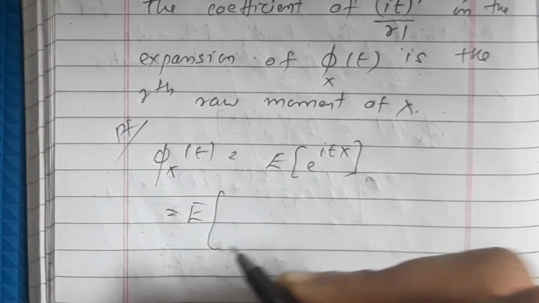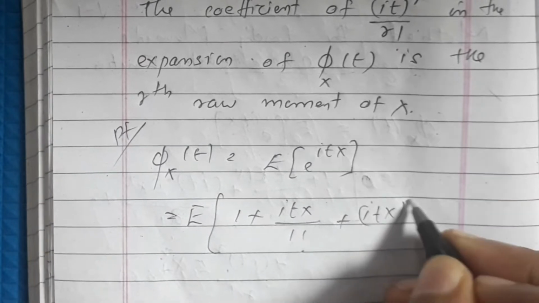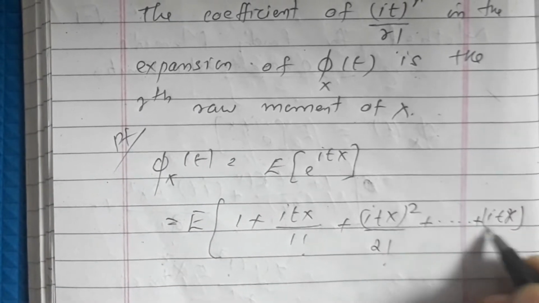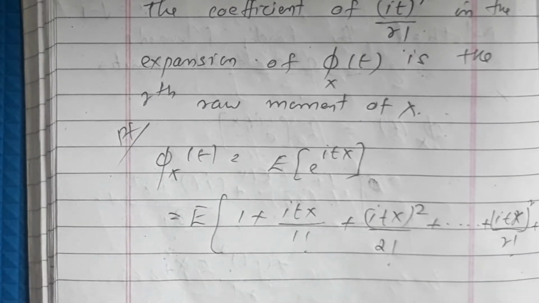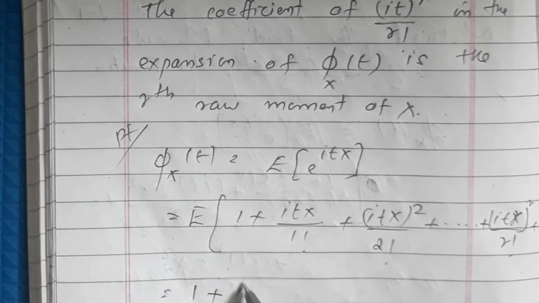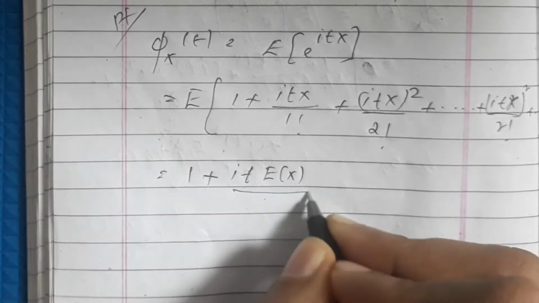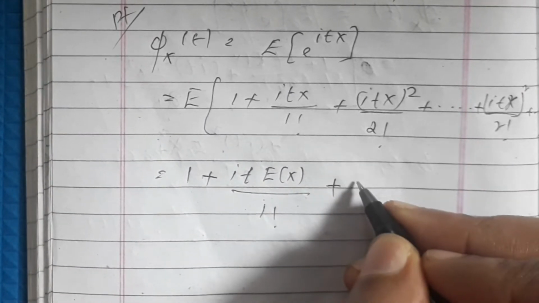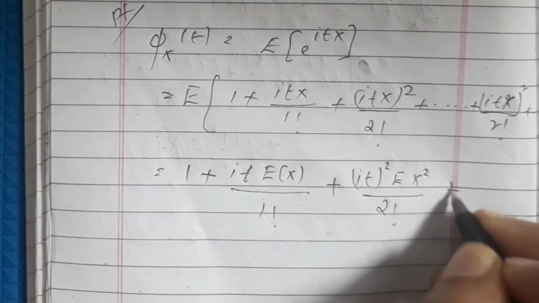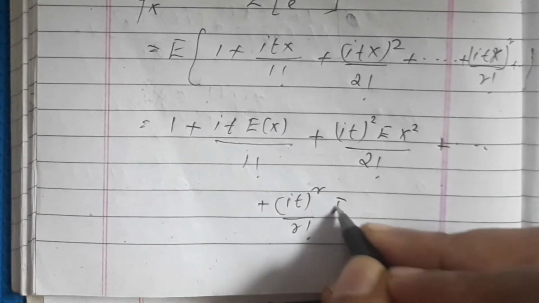Expanding, we get 1 plus I tx by 1 factorial plus I tx whole square by 2 factorial plus etc. Rth term is I tx all raised to r by r factorial plus etc. So it is 1 plus it into expectation of x by 1 factorial plus third term is it whole square into expectation of x square by 2 factorial plus etc. Rth term is it all raised to r by r factorial into expectation of x raised to r plus etc.